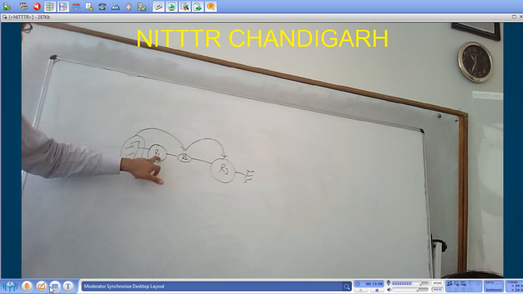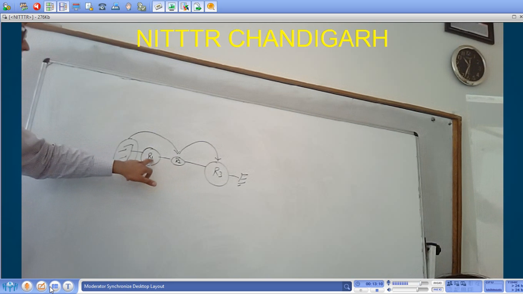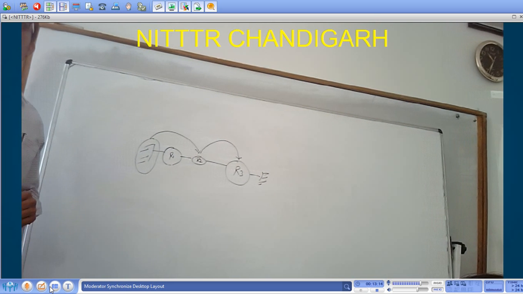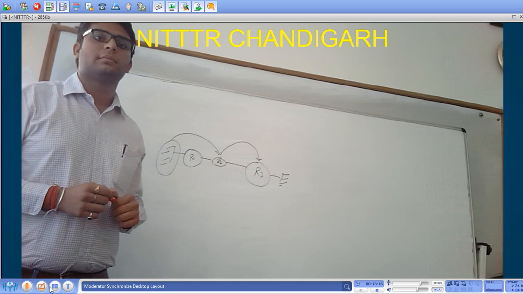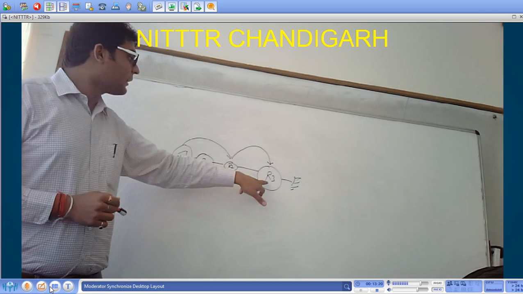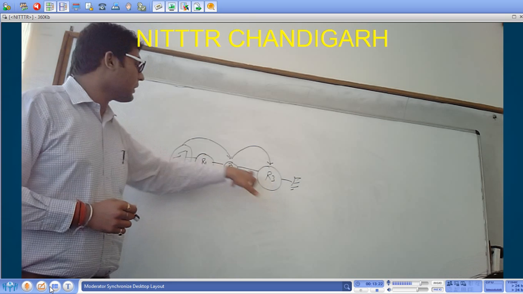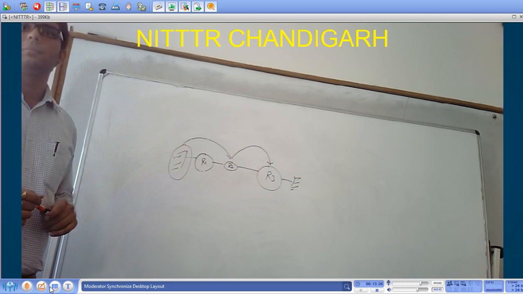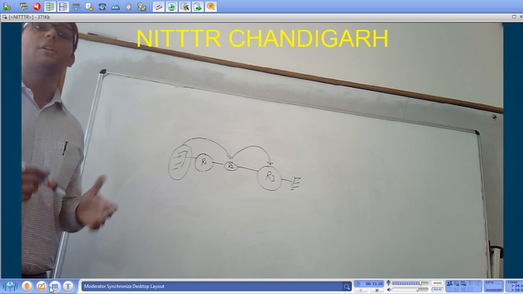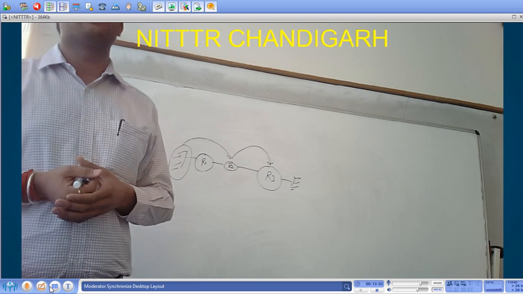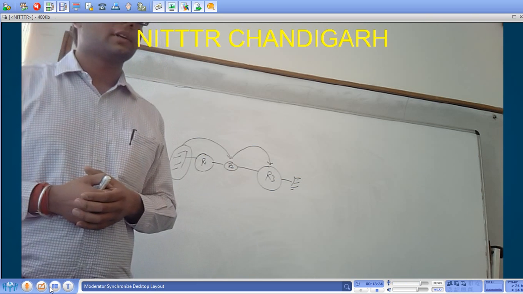R2 actually doesn't know from where these routes are coming. It is only believing what R1 is telling it. Is it clear? R3 will believe what R2 has told it, and R2 will believe what R1 has told it. This is the distance vector routing protocol, which works on the Bellman-Ford algorithm.